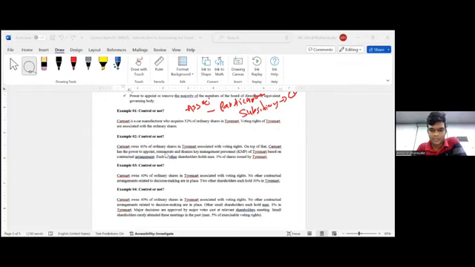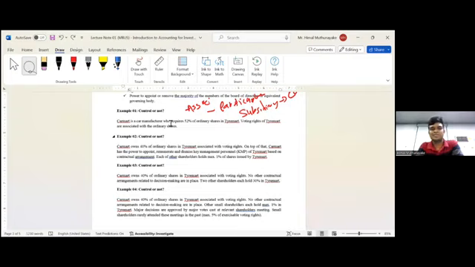Most of you have got some correct answers, right? So example number 1: Carmart is a car manufacturer who acquires 52% of the ordinary shares in Tire Mart. Voting shares of Tire Mart are associated with the ordinary shares, right? So this is the basic concept.